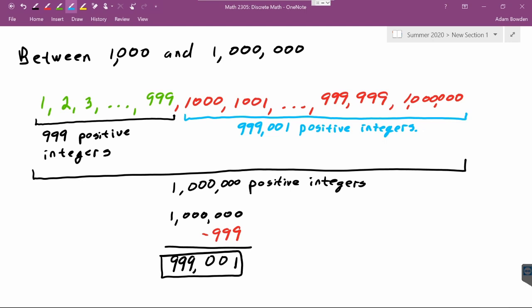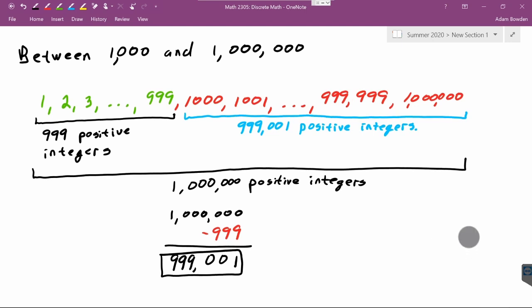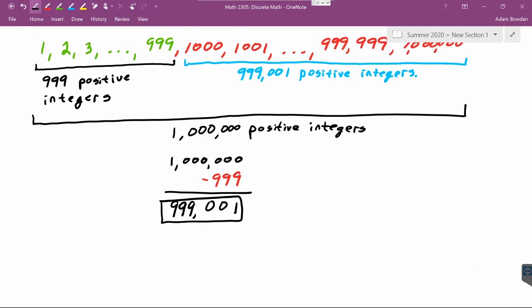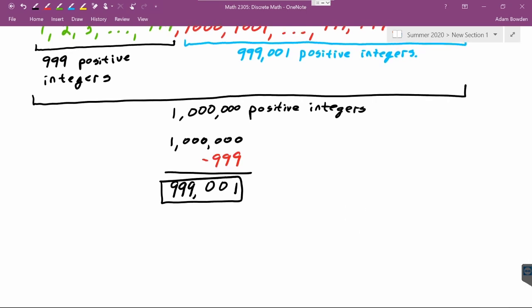So this is sort of a practical approach of figuring out a count of the number of things, or in this case, positive integers between two values. Now, what we're going to be dealing with a lot, though, in this class specifically, are sort of a generalized statement that we can either prove or disprove for any numbers, in this case, positive integers.